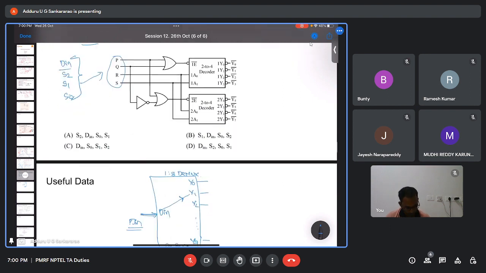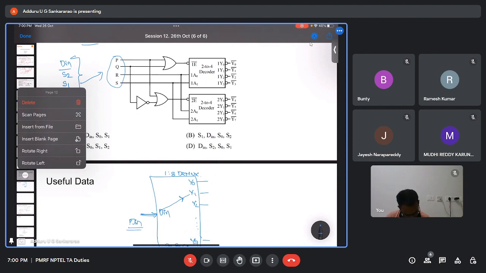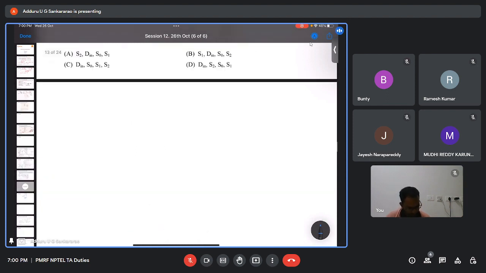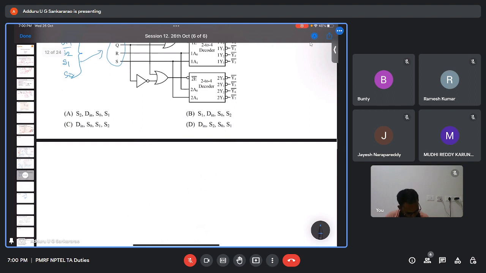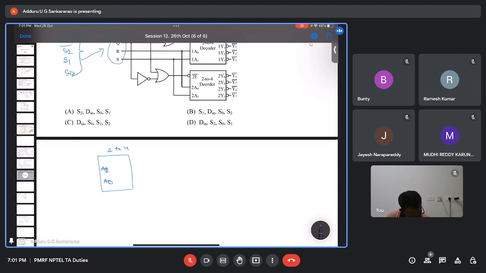Now before that, we will try to understand a decoder. Let us consider a 2 to 4 decoder. It will have two binary inputs, let us say A1, A0, and outputs Y0, Y1, Y2, Y3.